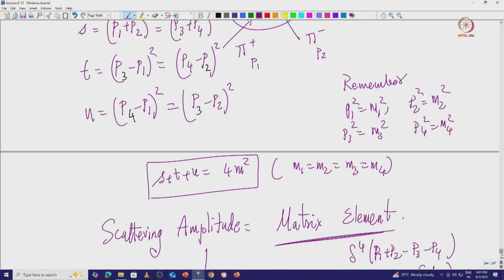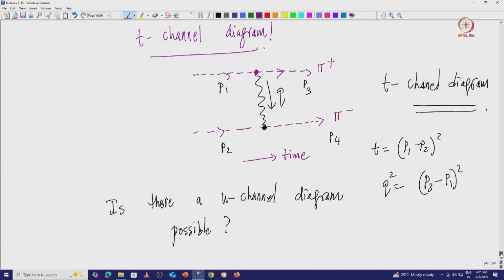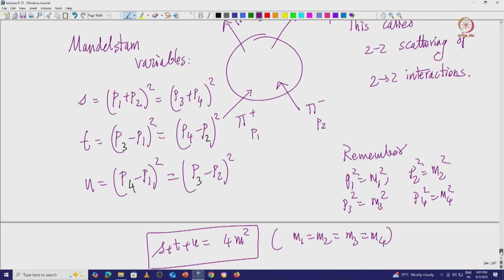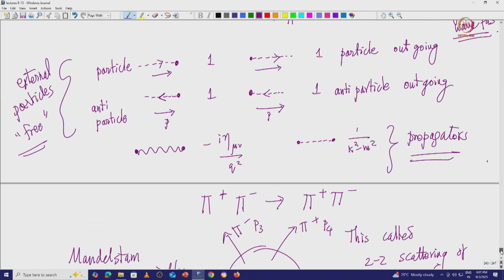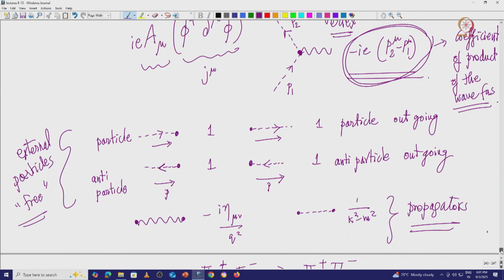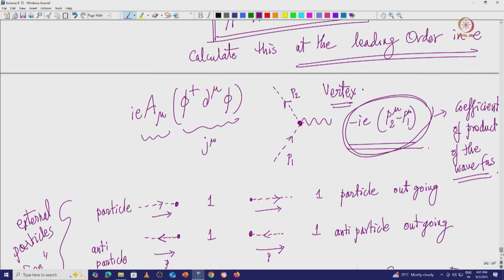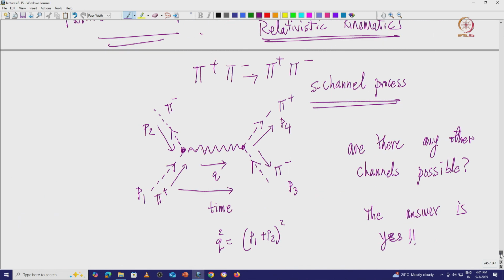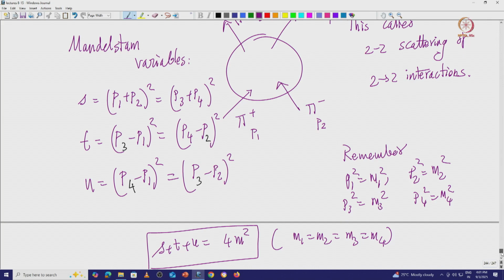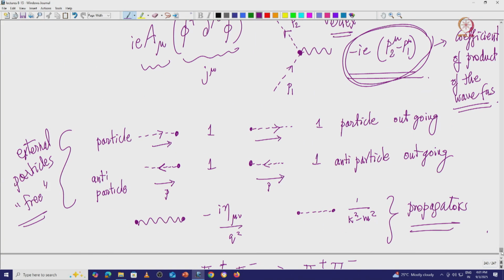For the present you do not consider the plane wave part, and the plane wave part is added into the total cross section in terms of the phase part. Then there are the propagator wave functions, which in momentum space are given in terms of eta mu nu by q square for the photon, which is represented in this particular fashion.